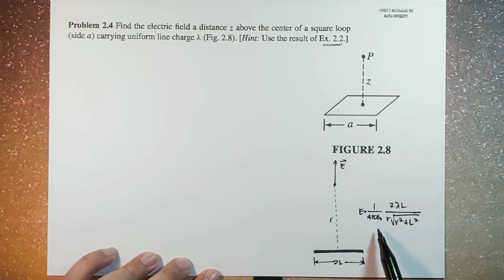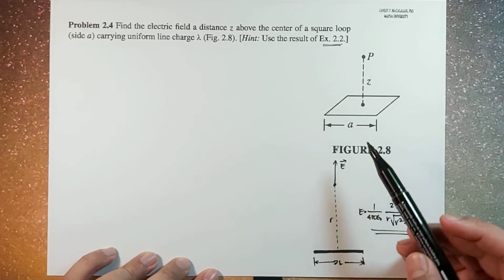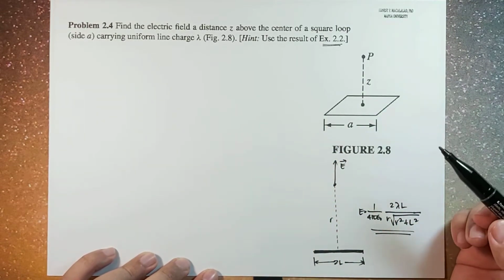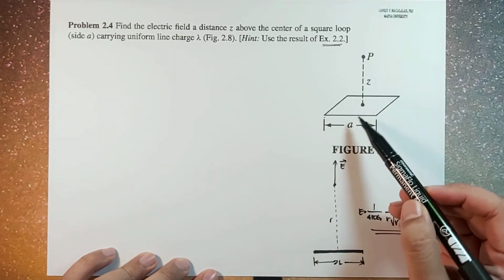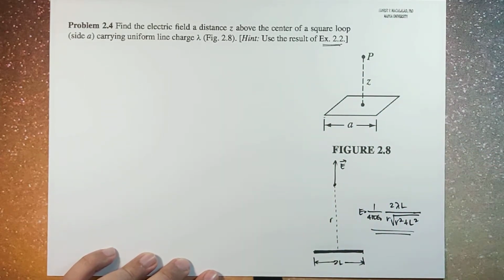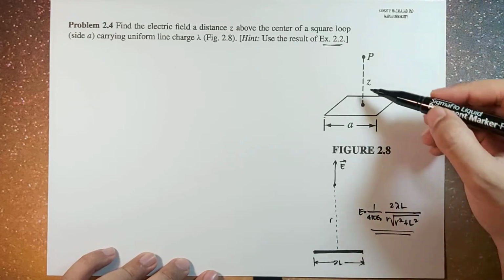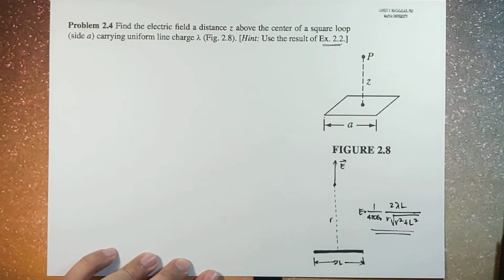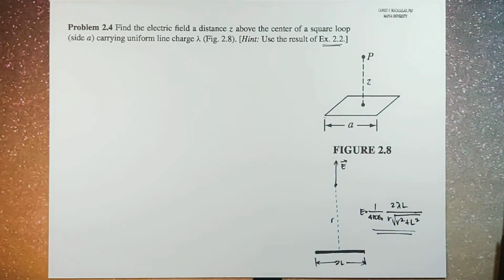Now we're going to use this result. We're going to look at the electric field contribution of each of the sides of the square loop. But please take note that this R will not be this Z, but instead the distance between our point and the midpoint of the side will be this.